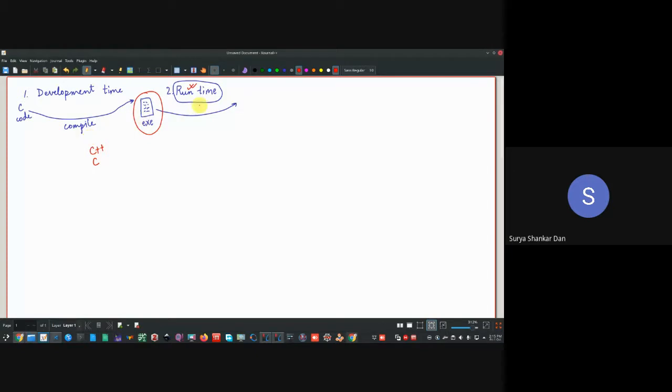I used to code in C++ during my PhD and before that. At that time, we found that it takes a much longer time to write the C or C++ code and compile it into a bug-free exe which is sellable, which we can produce in the market, right?